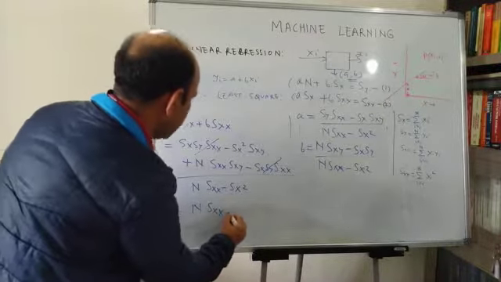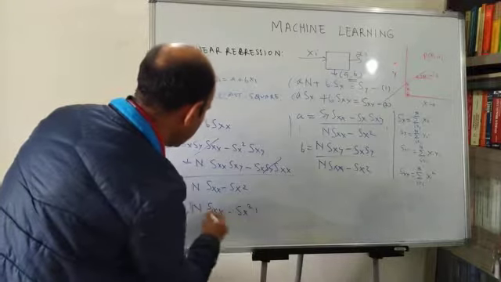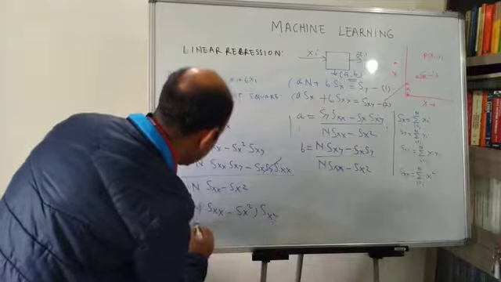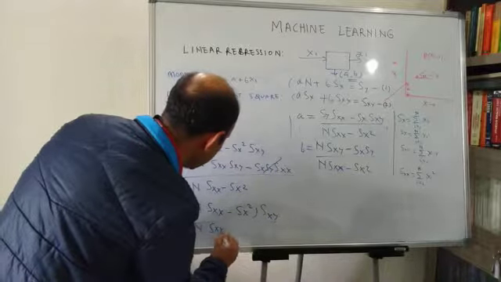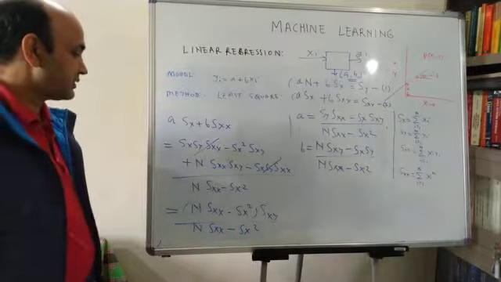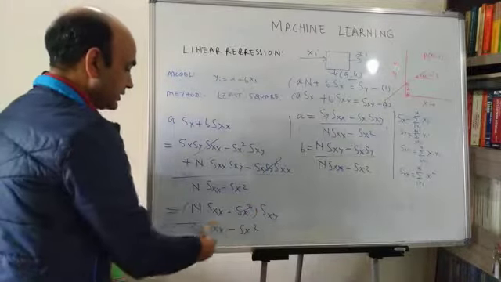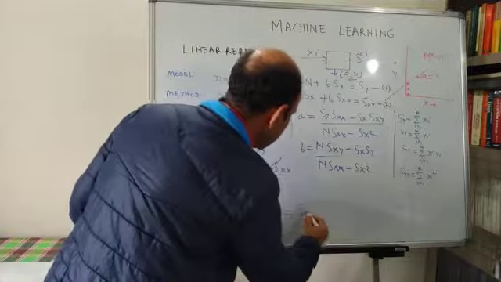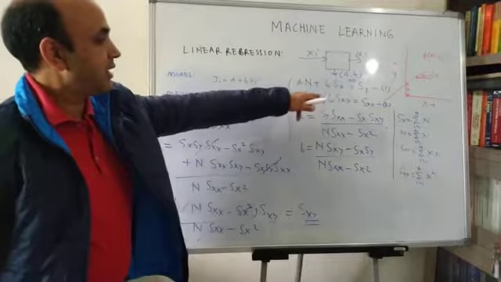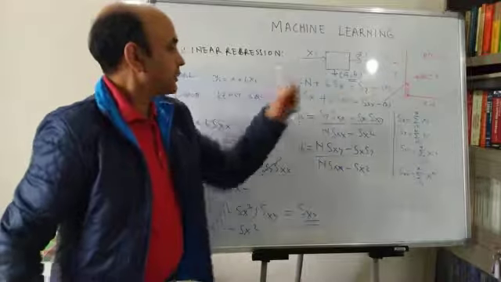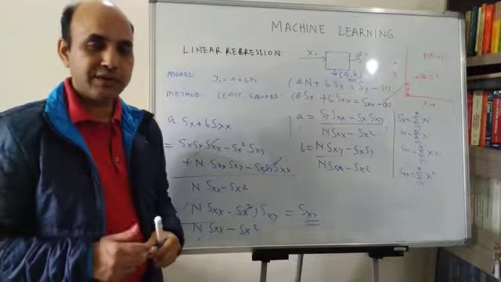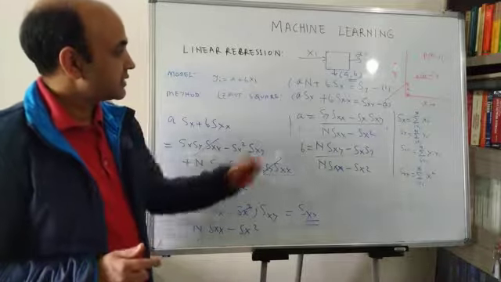Here you can notice that we have taken sxy common, the denominator gets cancelled and we get sxy. This is exactly what we should get from equation number 2. That means the values of a and b we are getting are correct and they satisfy equations 1 and 2.